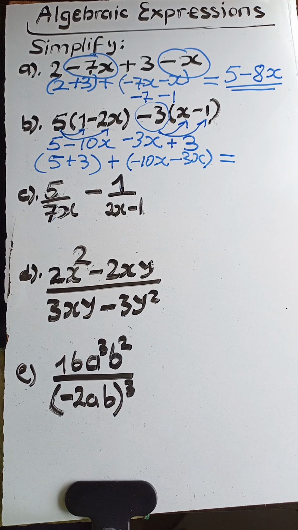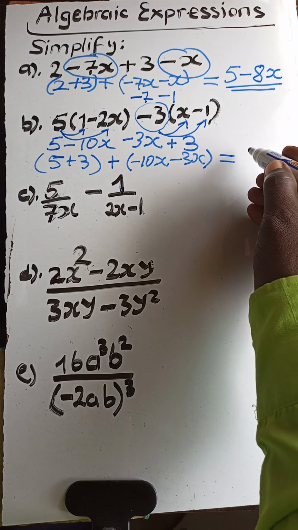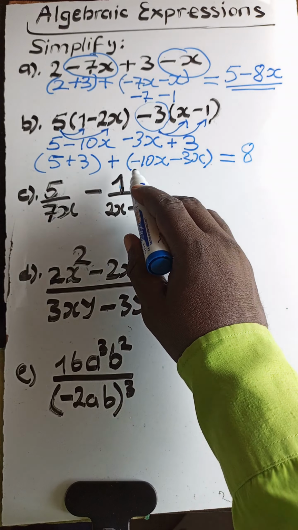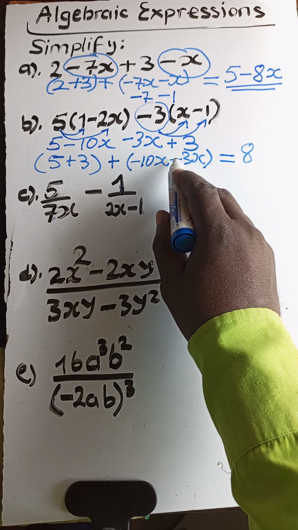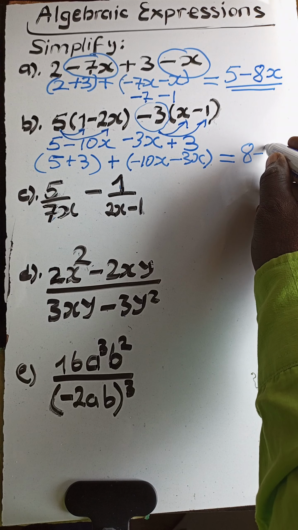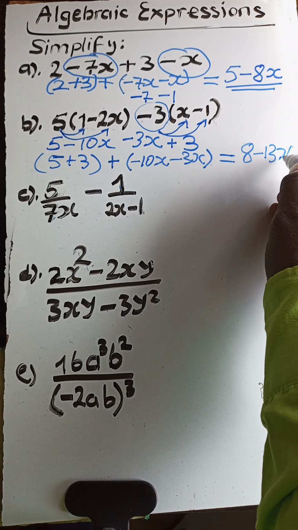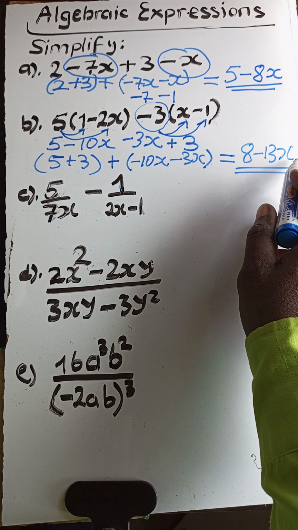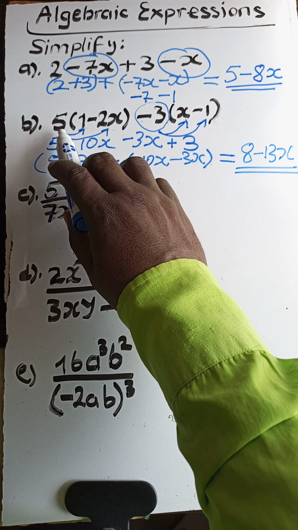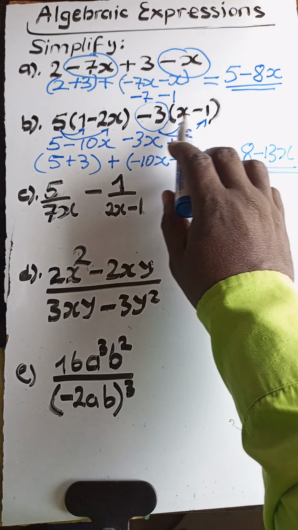Now we're going to obtain 5 plus 3, 8, negative 10x minus 3x. So we say negative 10 minus 3, negative 13. And then we'll associate the variable. So 8 minus 13x is the simplest form of this expression here.